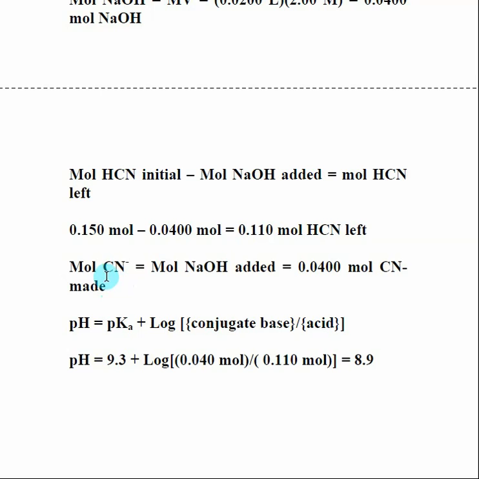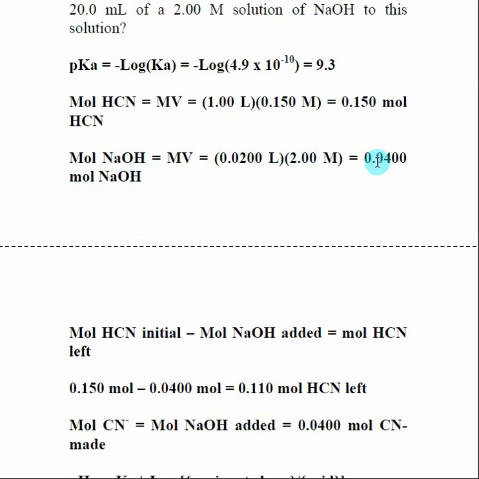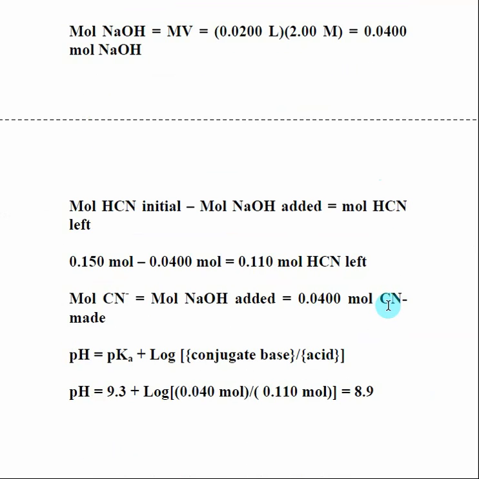For a weak acid, strong base titration, the number of moles of my conjugate base is equal to the number of moles of hydroxide, or sodium hydroxide, that I've added. So that's what happens. When I add in the strong base, it neutralizes my weak acid and converts it to conjugate base. So how much? Well, that's equal to the number of moles of base that I've just added. We found that up here. The number of moles I've added is 0.04. That's how many moles of conjugate base I've made.